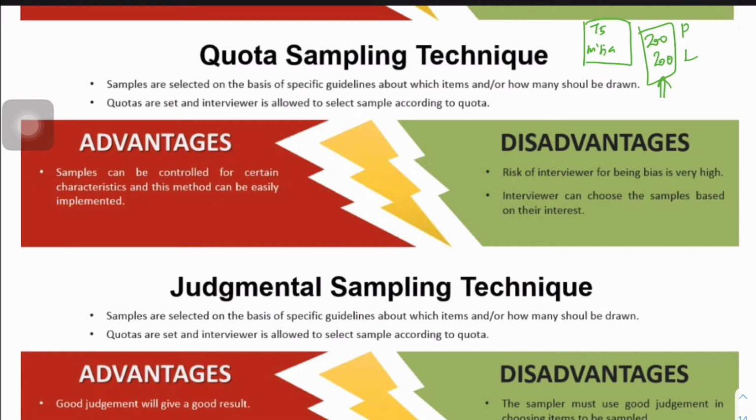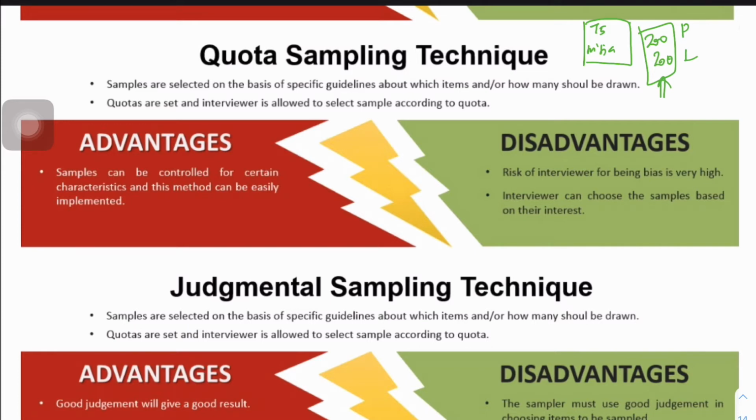Ataupun contoh kita nak kaji tentang berapa jumlah rokok yang ditelan oleh penduduk Malaysia contohnya. So kita ada population tapi kita nak sampel je. So sampel dia kita nak guna quota sampling technique. Macam mana kita nak guna quota, kita dah siap-siap letak.